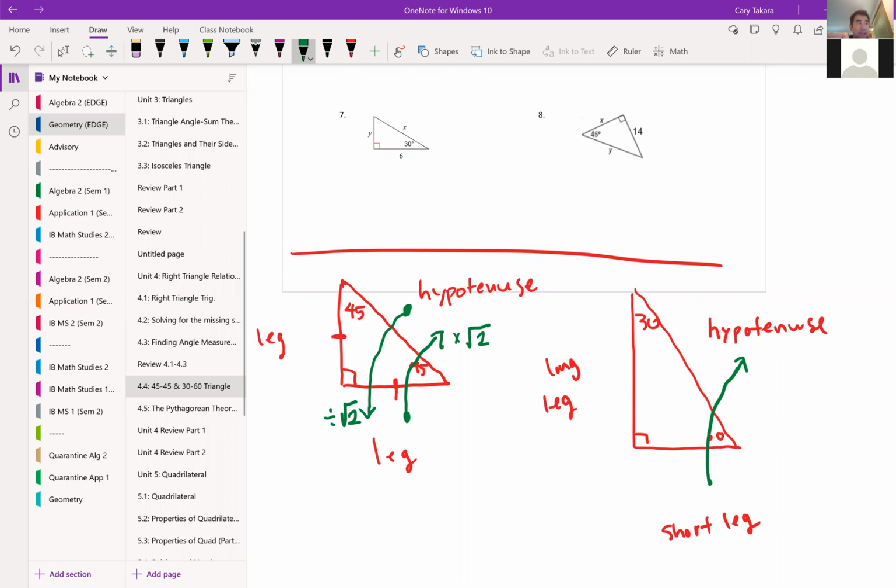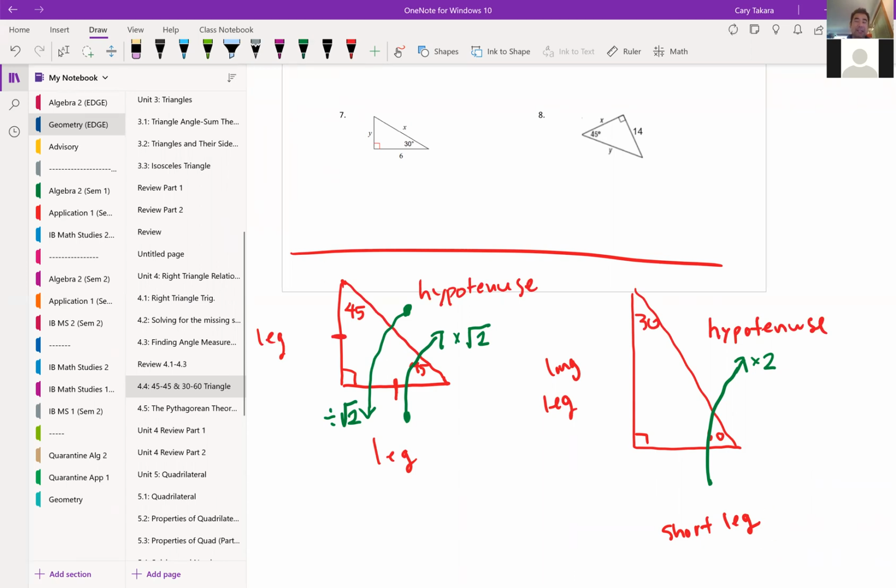It is a double or half relationship. So you multiply by 2. So if the short leg is 5, the hypotenuse will be 10. If the short leg is 6, the hypotenuse is 12. If the short leg is 7, the hypotenuse is 14. Yeah, you got the point?